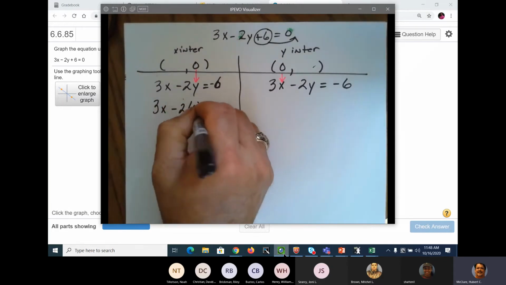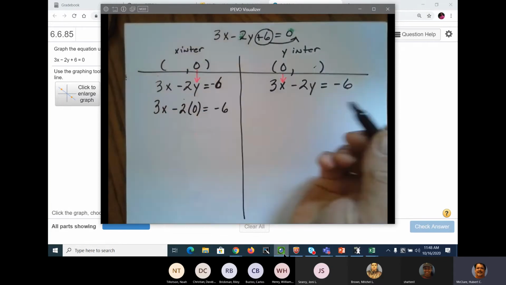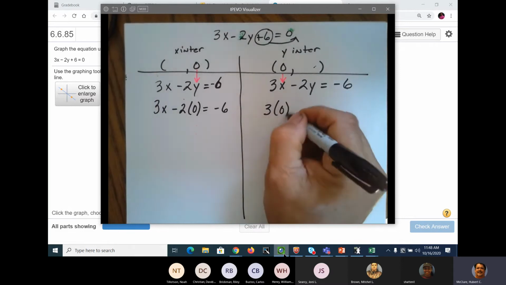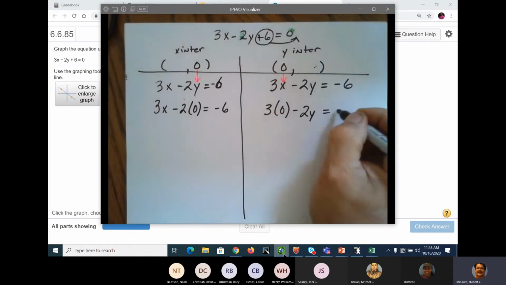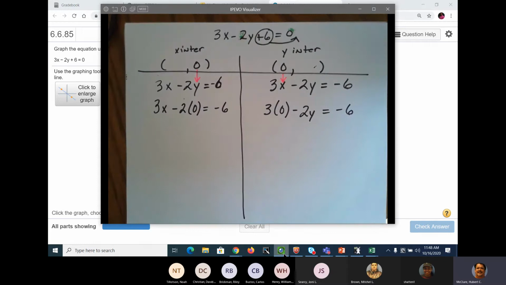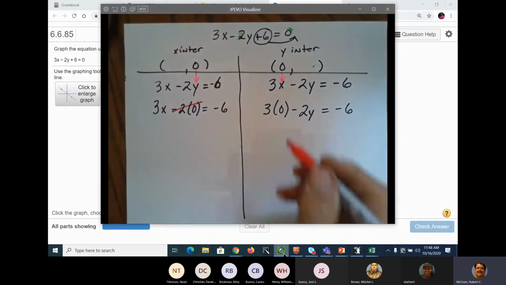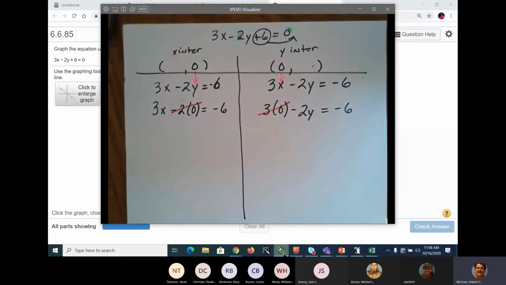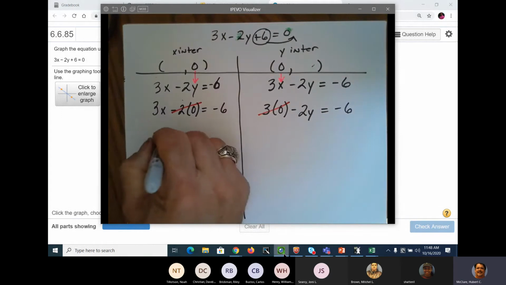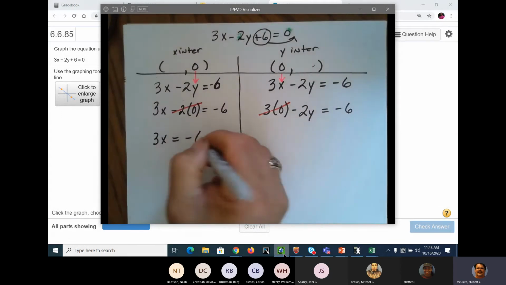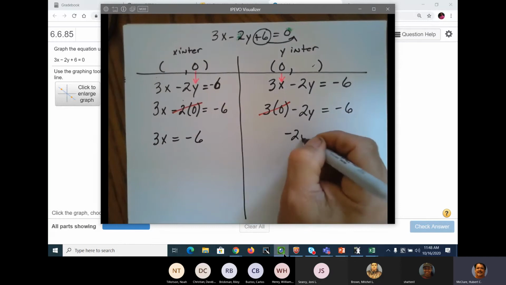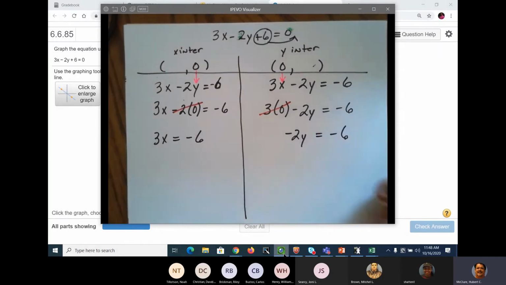3 times 0 minus 2y is equal to negative 6. And of course, that's what's supposed to happen. The y term goes out and the x term goes out. And that leaves us with 3x is equal to negative 6 and negative 2y is equal to negative 6.